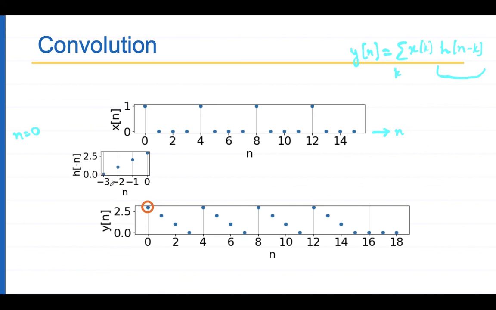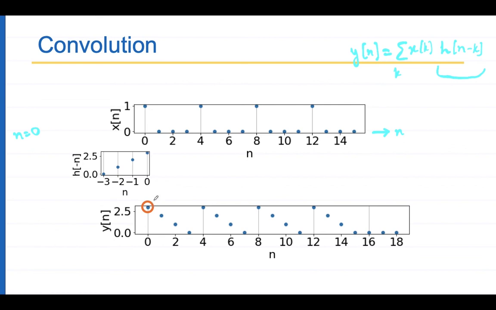Now what I will do is, I have fixed n equal to 0. Now I sum over all these things. If I multiply x of k with h of 0 minus k, then in the product only this term will appear, and the sum will be just this term.